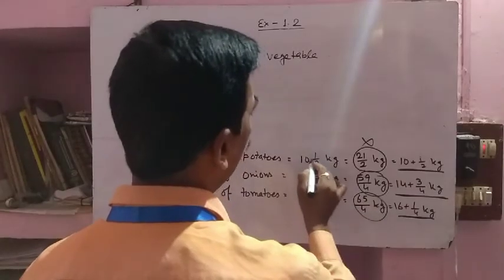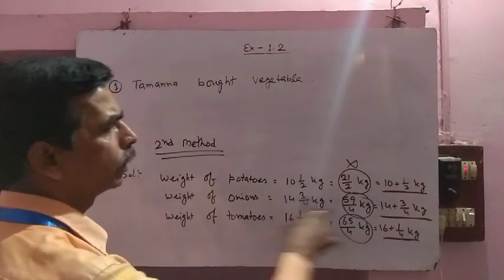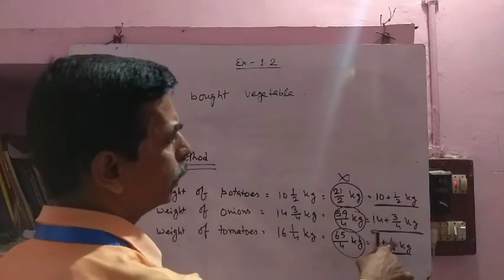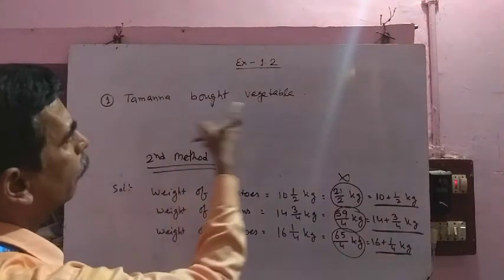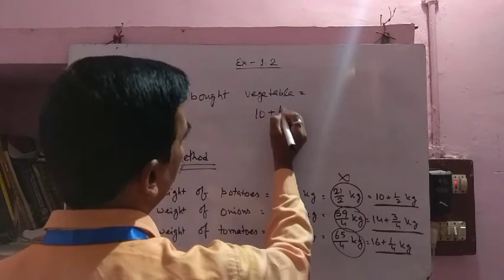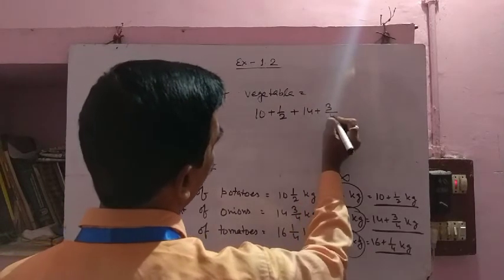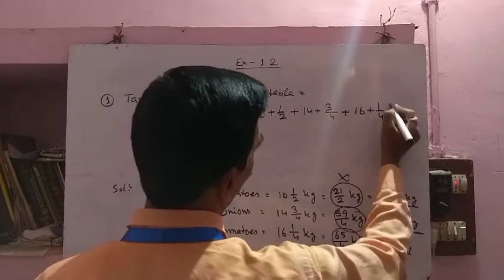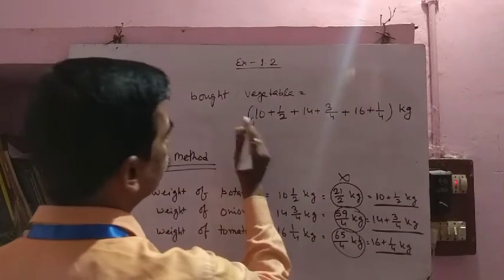So what do we get? 10 1 by 2 is equal to 10 plus 1 by 2 kg. 14 3 by 4 is equal to 14 plus 3 by 4 kg. 16 1 by 4 is equal to 16 plus 1 by 4 kg. After that, you can write the total vegetable Tamanna bought is equal to, separately as given, 10 plus 1 by 2 plus 14 plus 3 by 4 plus 16 plus 1 by 4, this much of kg.